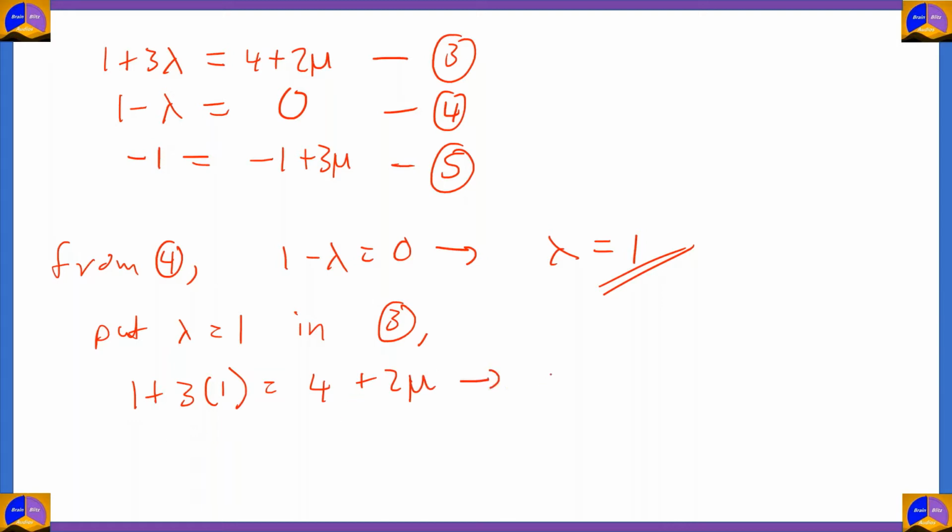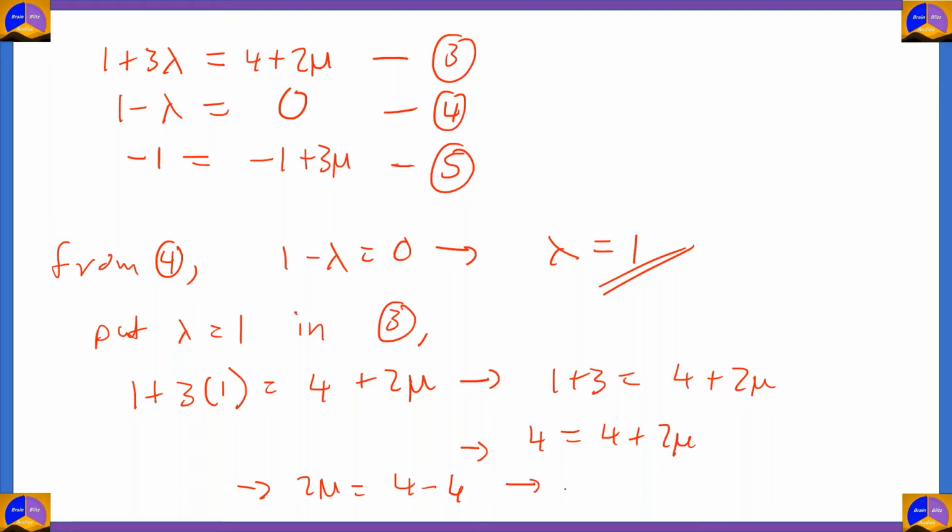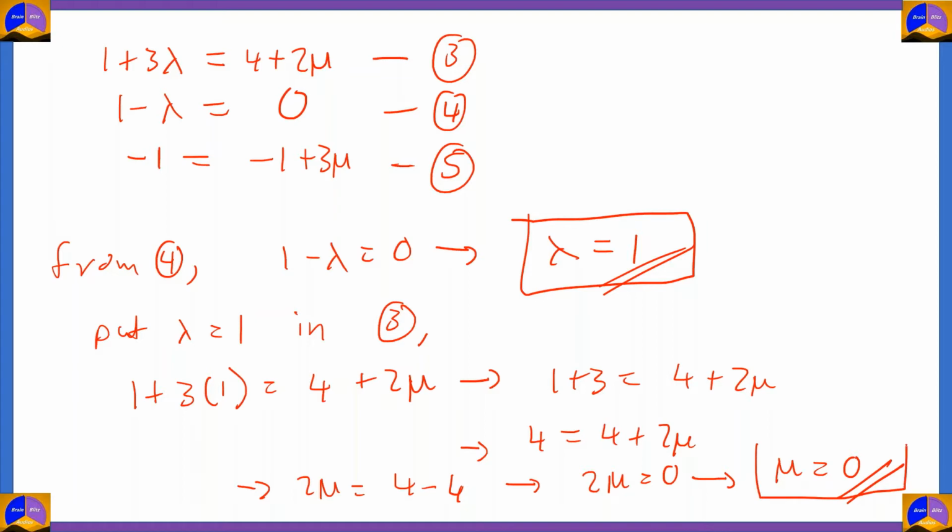So then that will be 1 plus 3 is equal to 4 plus 2 mu. So 4 is equal to 4 plus 2 mu. Therefore, 2 mu will be equal to 4 minus 4. Therefore, since 2 mu is equal to 0, we can write mu is equal to 0. So lambda is equal to 1 and mu is equal to 0.